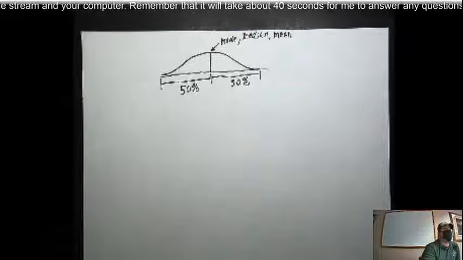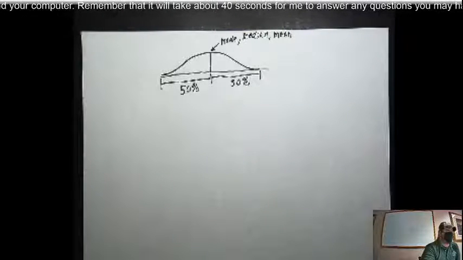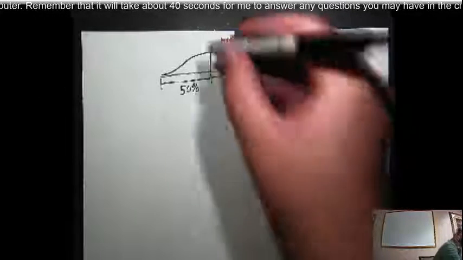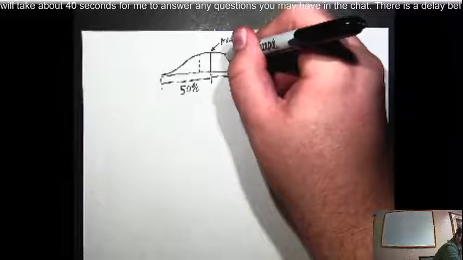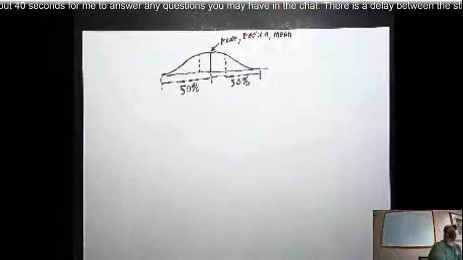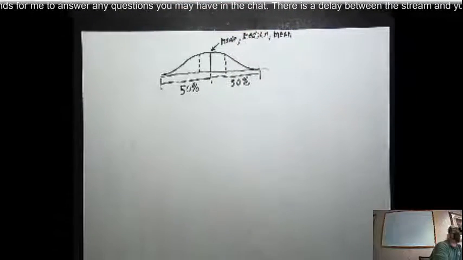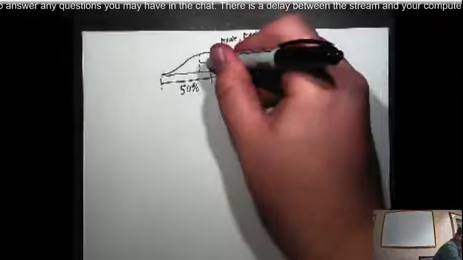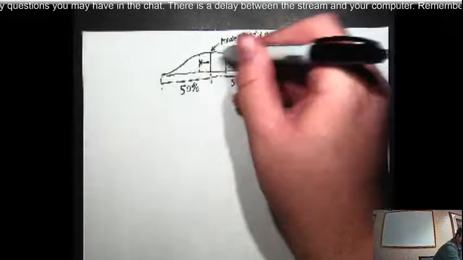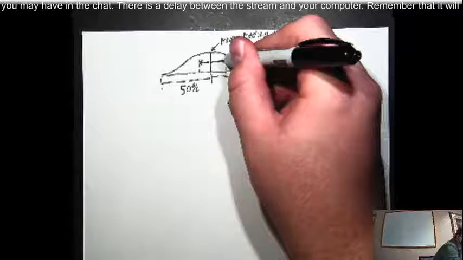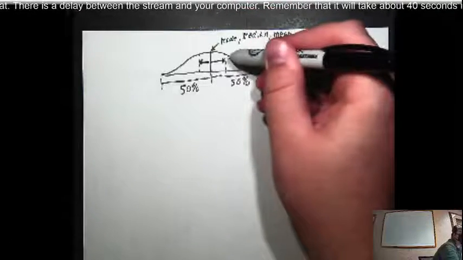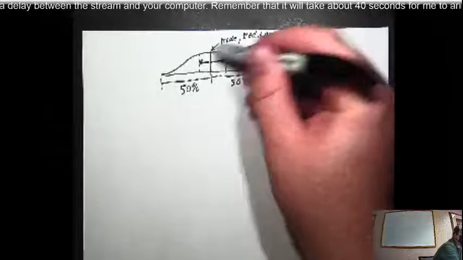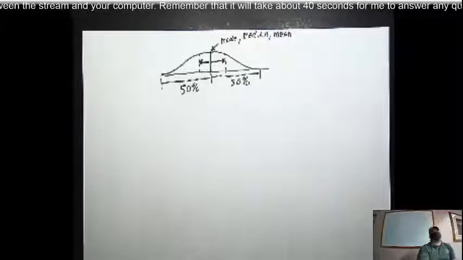Then we also said that if we know the standard deviation of this data, well, most of our data is going to occur within one standard deviation of the mean. So one standard deviation on this side, one standard deviation on this side. This is where most of our data is going to occur.